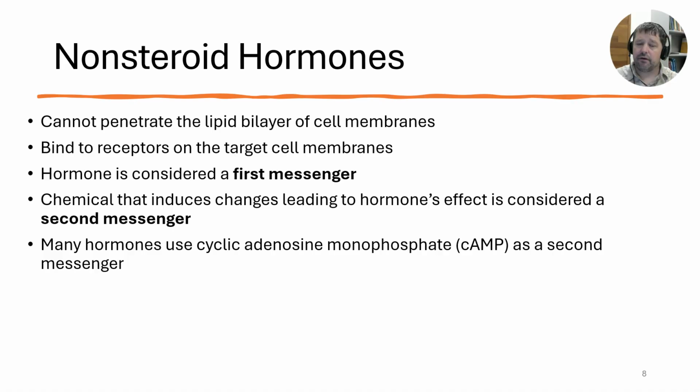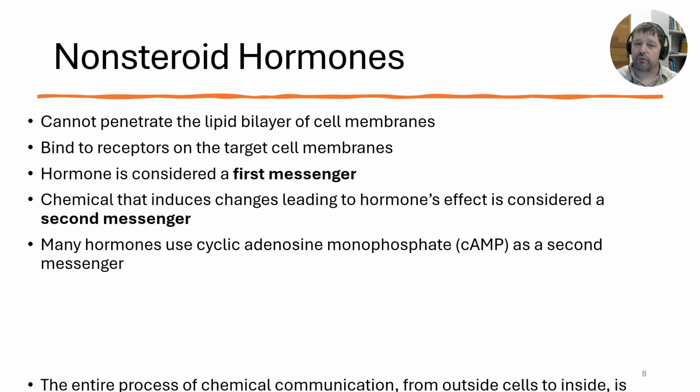One of the main hormones, or second messenger, that is created is what we call cyclic adenosine monophosphate, or cAMP. cAMP is very, very general and used often by many different hormones. Okay, and so cAMP is a secondary messenger that often happens inside the cell and then can start that process of whatever is going to happen.